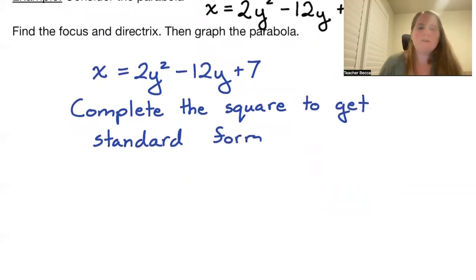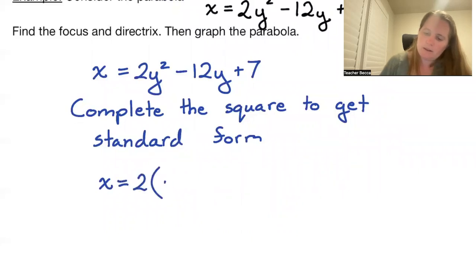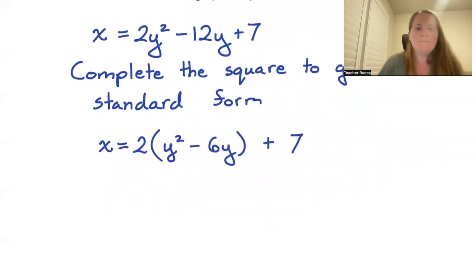To do that, the first thing we're going to do is factor out that 2 from the y squared and minus 12y terms. So we have x is equal to 2 times, in parentheses, y squared minus 6y, and then plus 7.